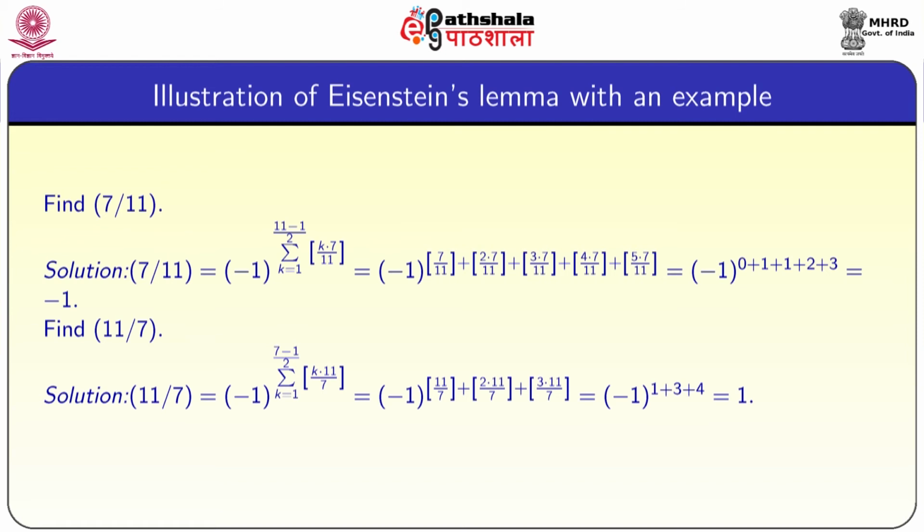It is easy to see that 7 and 11 both are congruent to 3 mod 4. So, that is why if one is a quadratic residue, the other is not. These things we will establish in the near future, but here just try to remember that one of the values is minus 1 and the other is plus 1.